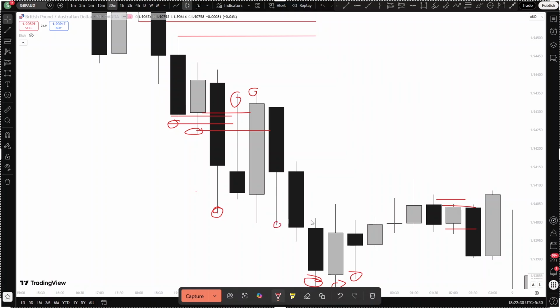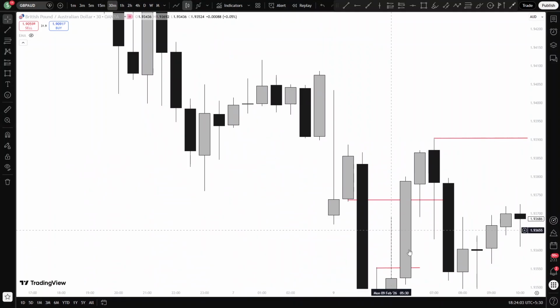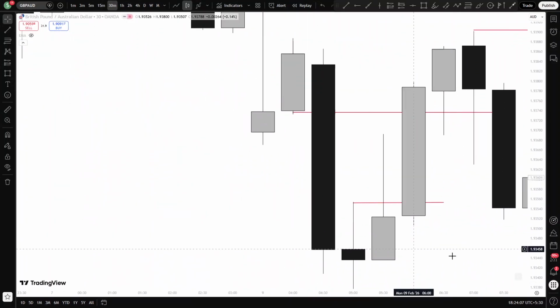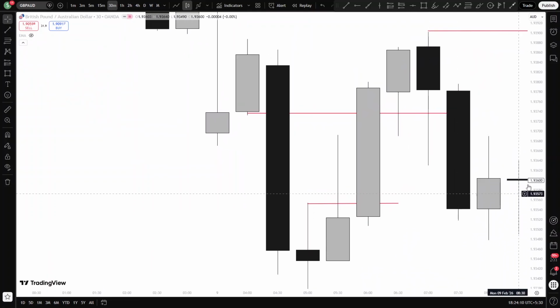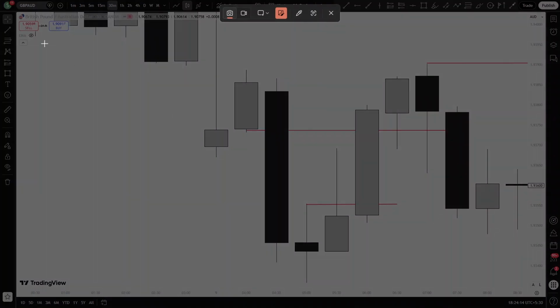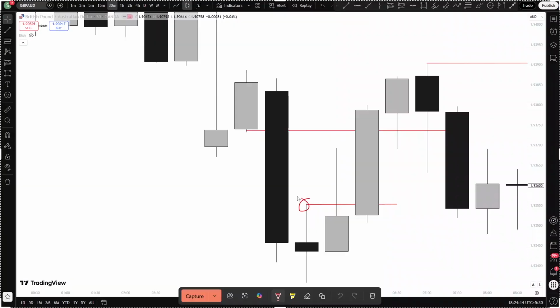Why? Because this wick and this wick have met. So all orders have already been filled. Everything has been filled. When you look at this candlestick and this candlestick, the wicks have met, so you don't have anything. The time that you're going to have a fair value gap is when there is space between 2 wicks.